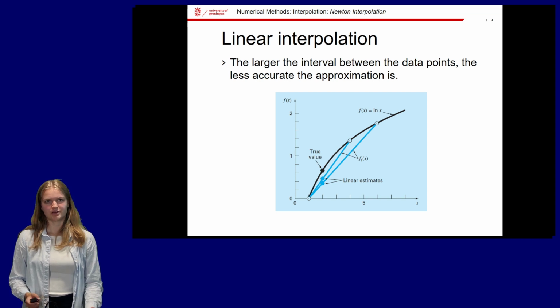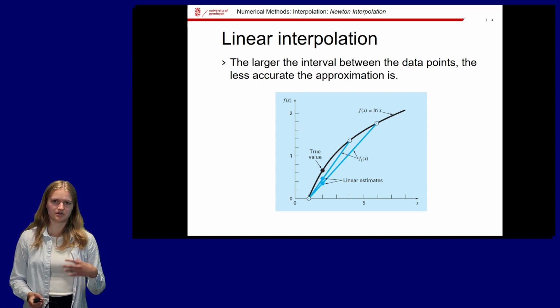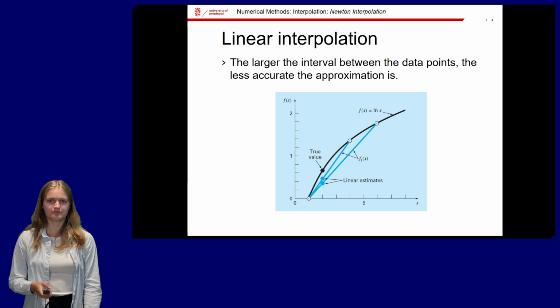So you can kind of guess that if you increase the distance between the two data points, your approximation is going to be less accurate. You can see that in this figure as well. We'll have this function f of x is the natural logarithm of x.